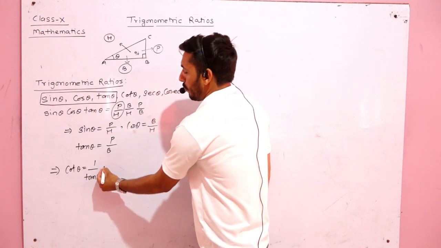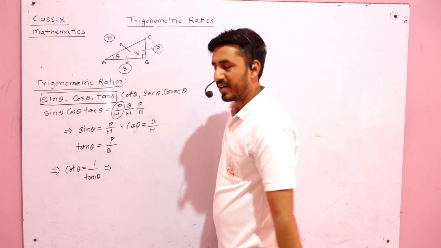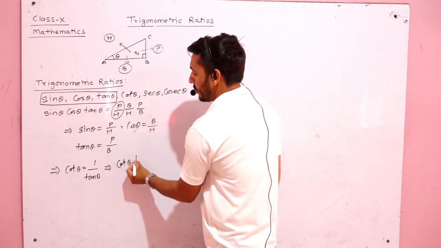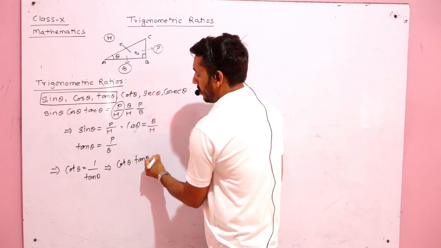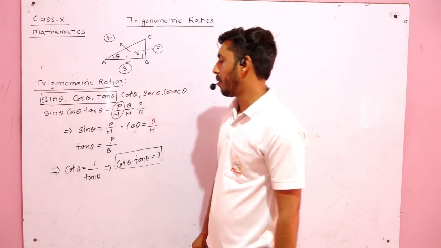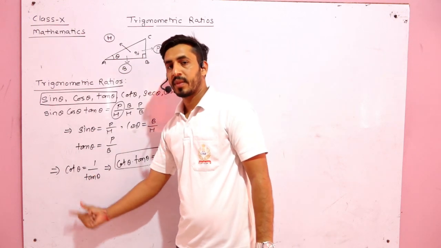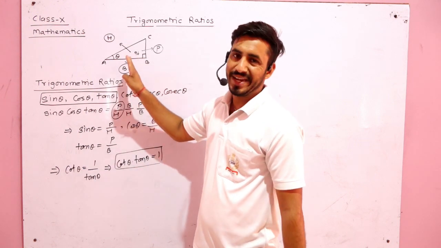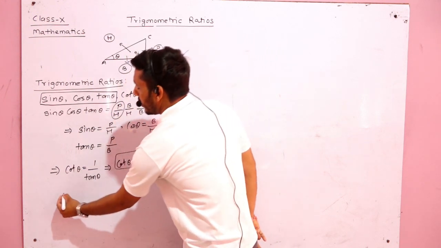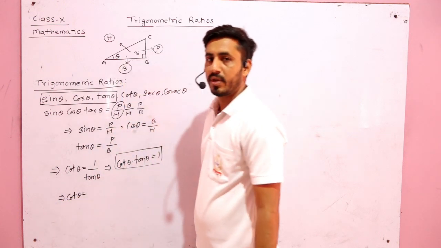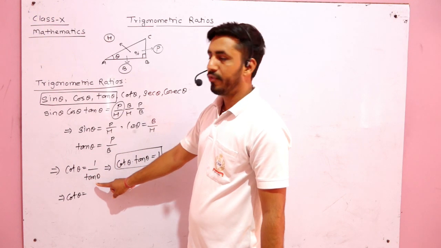From here one relation is obtained. What is the relation? If I multiply cot theta into tan theta, then the result will be 1. And if I am finding cot theta in terms of three sides, then cot theta is the opposite of tan theta.